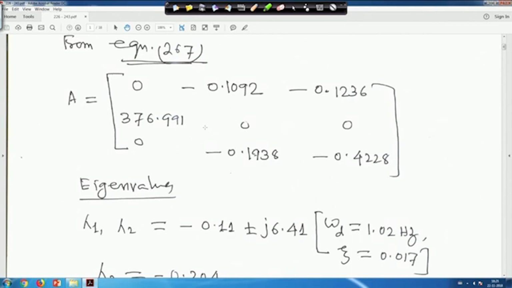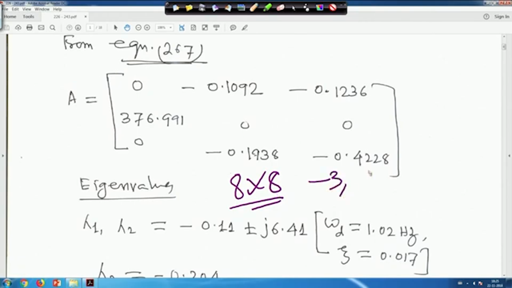If it is not, then they may be real or some complex conjugate pairs. Another interesting property: suppose you have an 8 by 8 real symmetric matrix and you get eigenvalues in pairs.